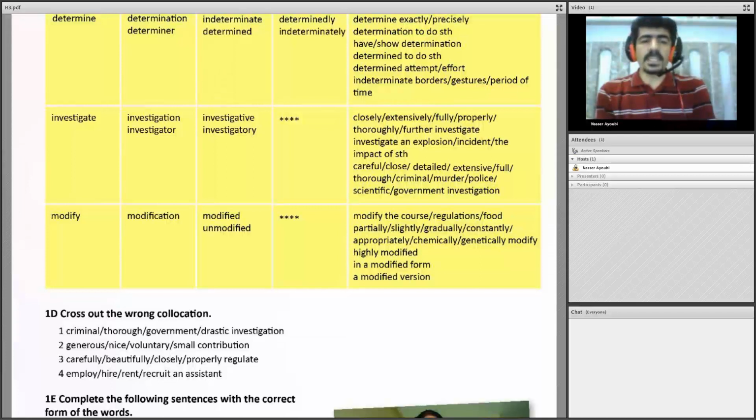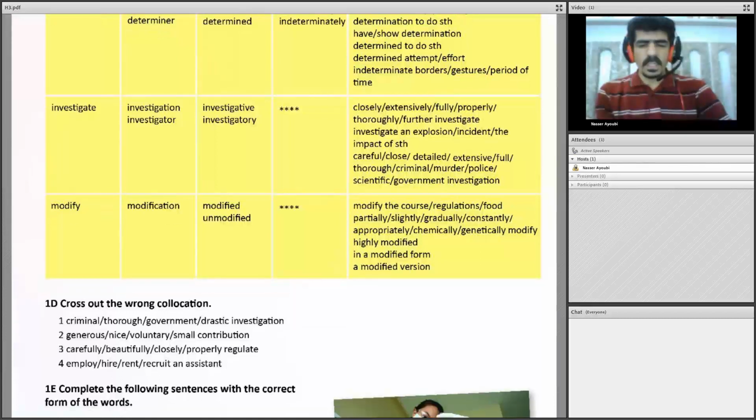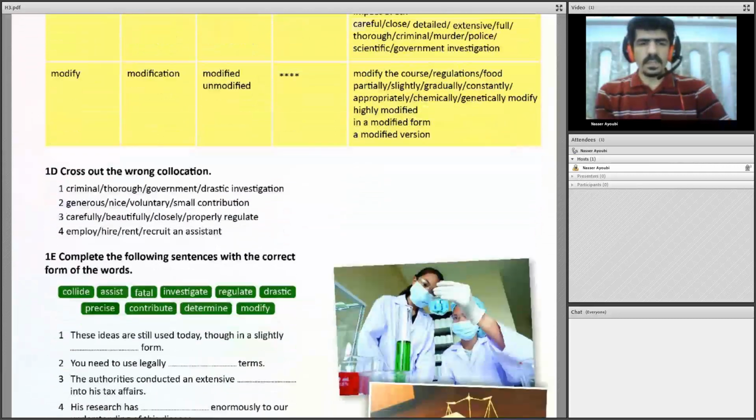Genetically modified: there has been widespread public debate over the introduction of genetically modified food. Okay, the list is over. Let's go to the exercises.